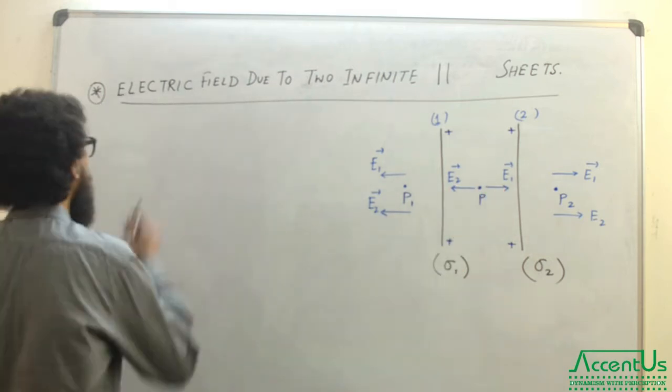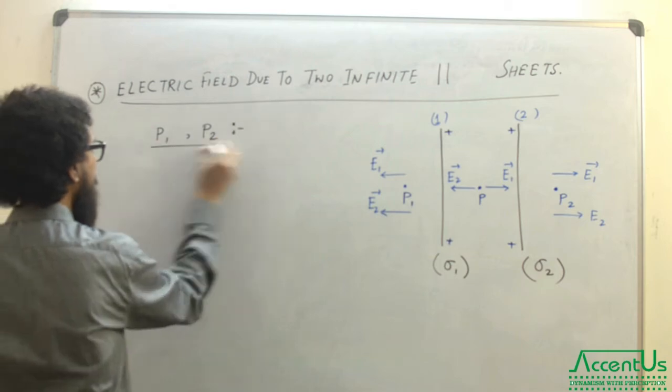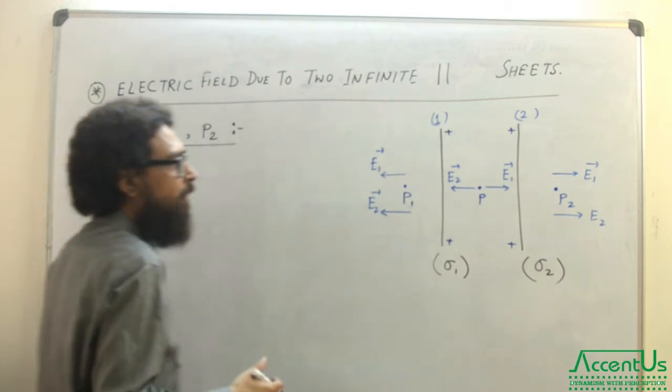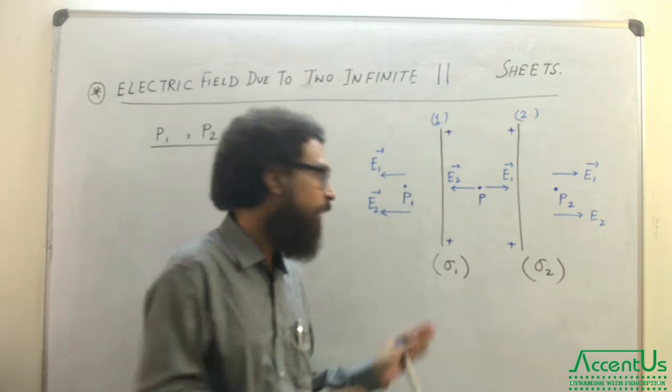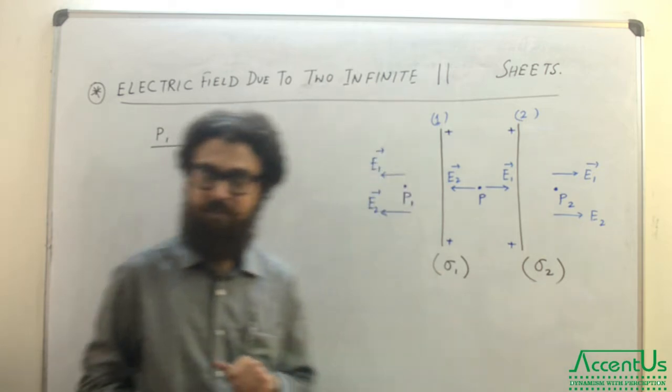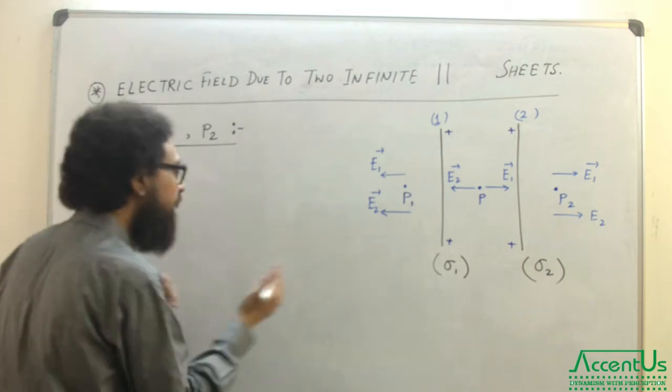So for points P1 or P2, we don't know whether E1 is greater or E2 is greater. We have only the charge densities, sigma 1 and sigma 2. So what is the net field?